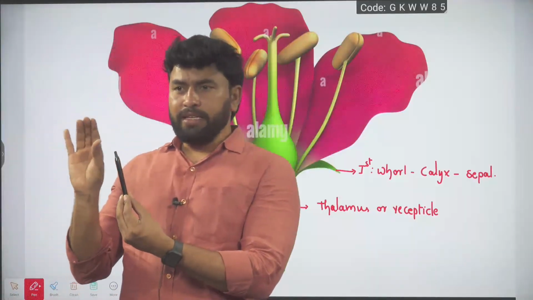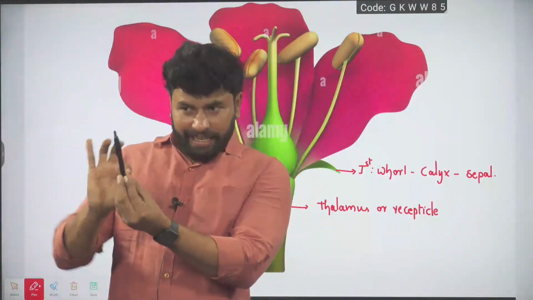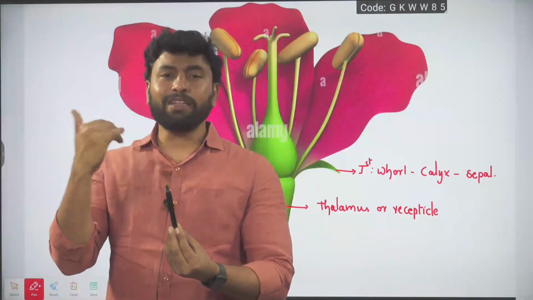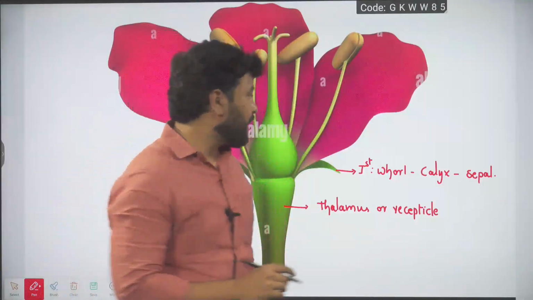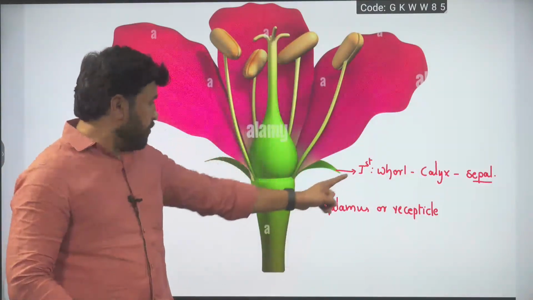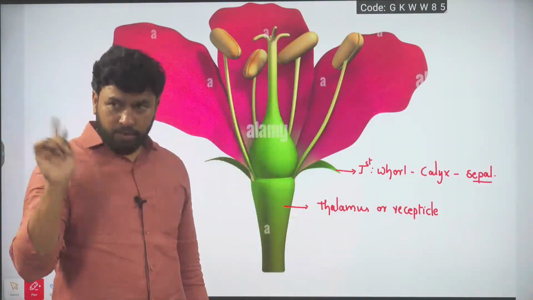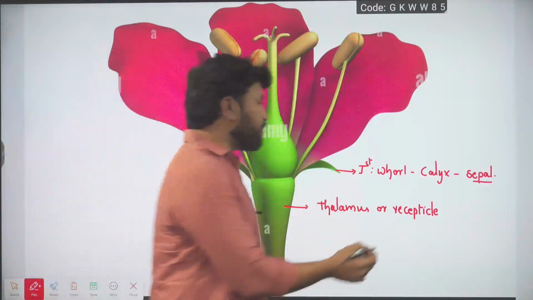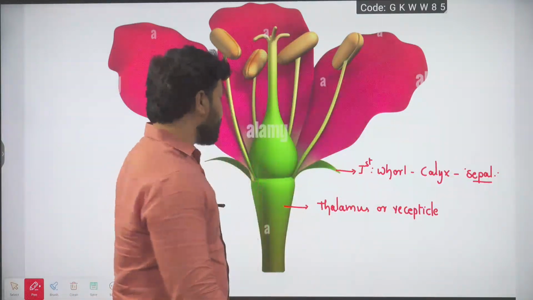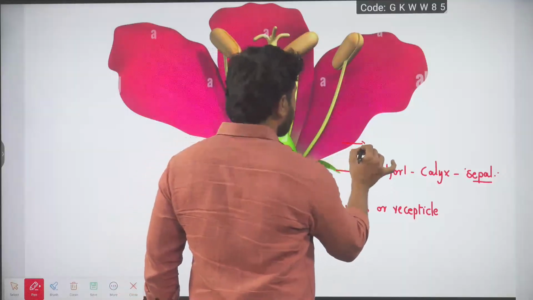That ring is called the calyx. Whatever bodies develop in the ring are called sepals. The whorl name is calyx, and the members are sepals. Clear?